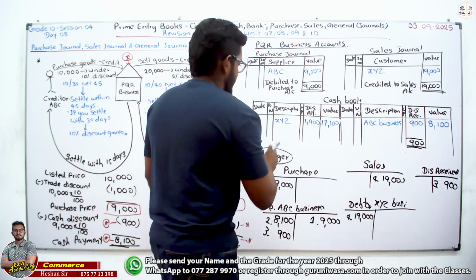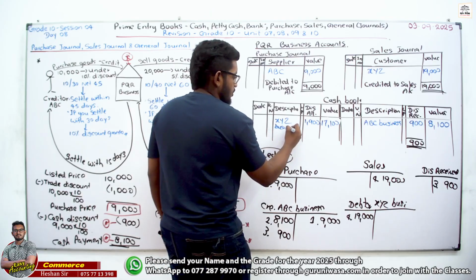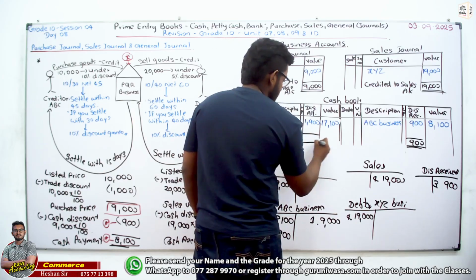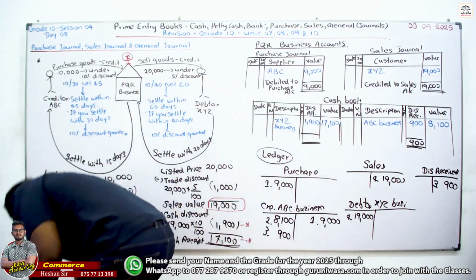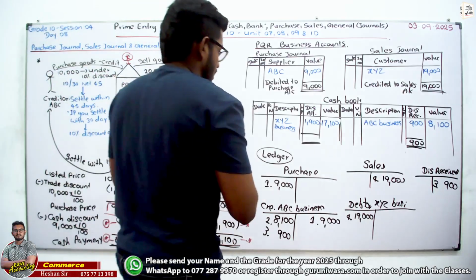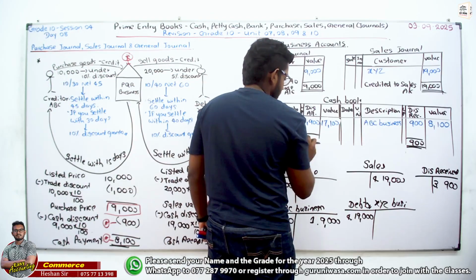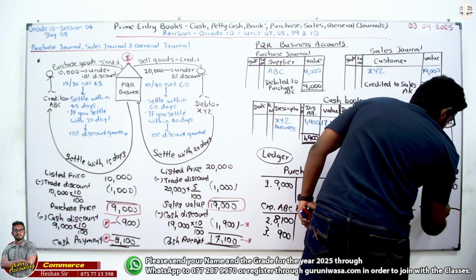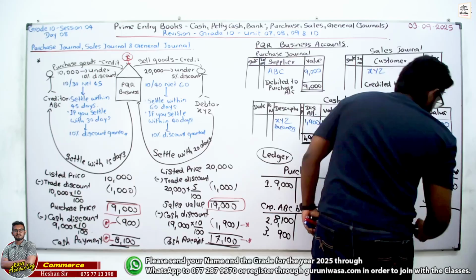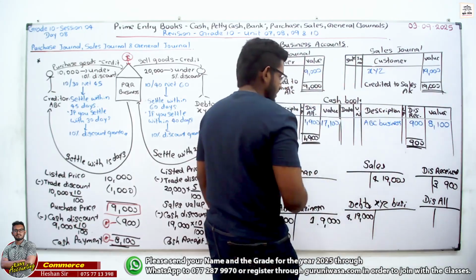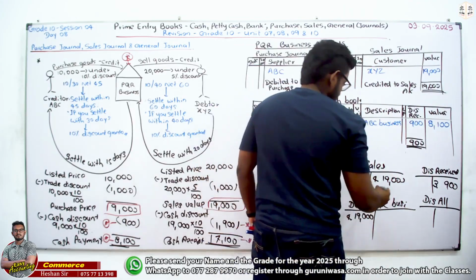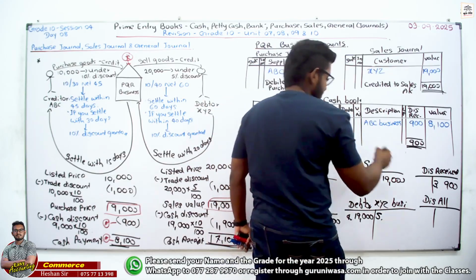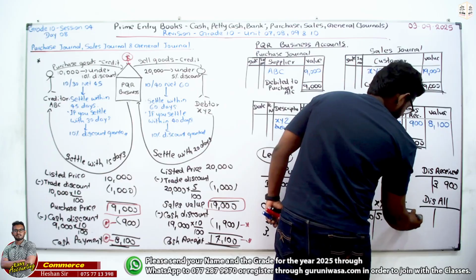XYZ business. Now you can see, since this performs only the primary book function, I get the total and record 1,900 in the discount allowed account as debit. First I'll write the 17,100. So number 4, number 5, this is debit, this is credit, 17,100.